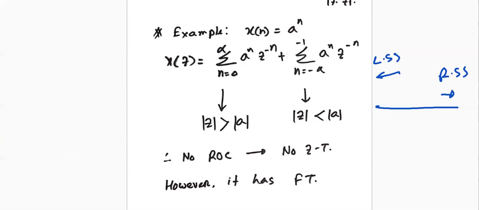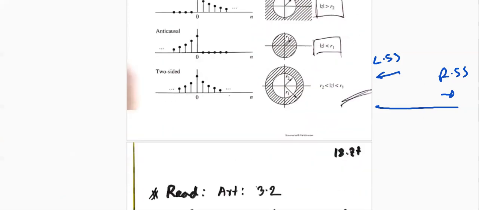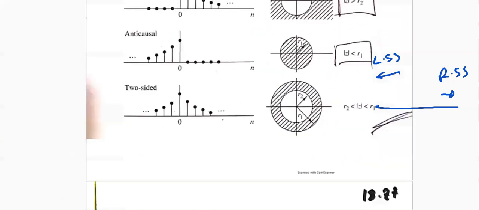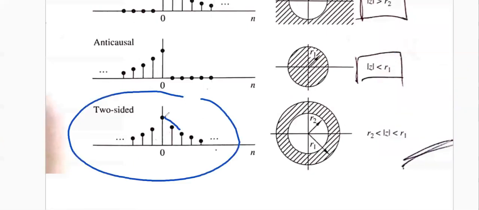If I go to the example, try to look at this, the two-sided sequences. For this kind of two-sided sequence, it should be like this. However, if the sequence is increasing on one side and decreasing on the other side, in both cases that is unstable, because if it is increasing on any side, that actually gives an unstable situation, isn't it?